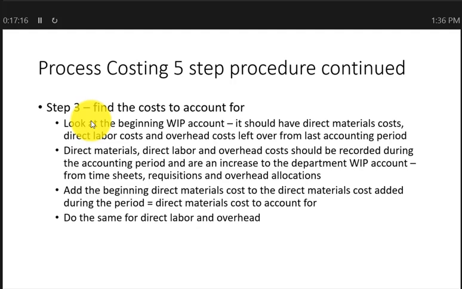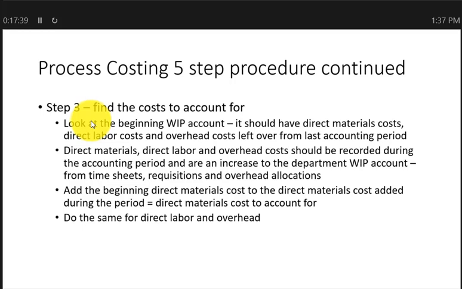If you think of your T account, the debit balance from last accounting period includes direct labor, overhead, and materials. Then your direct materials, direct labor, and overhead are recorded and are an increase to that work in process.